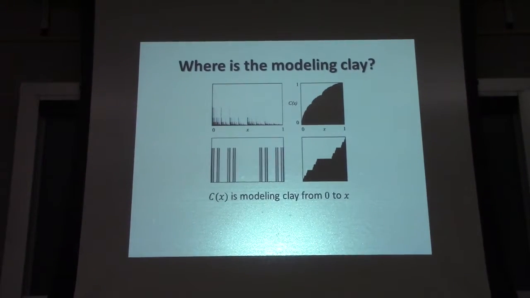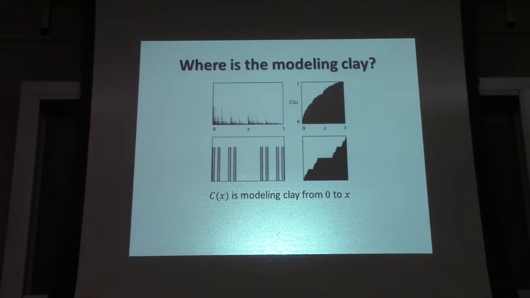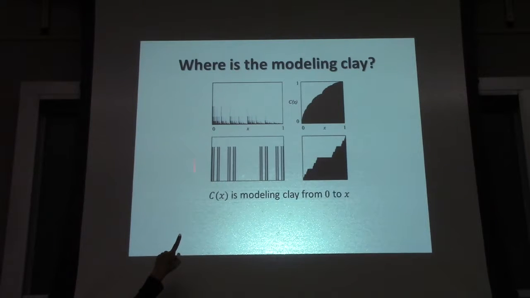And I'm going to ask you the question, okay, how much modeling clay is there from the finger to the dot? So, question, how much modeling clay is there from the finger to the dot if the dot is here? How much modeling clay is there from beginning to the dot for this particular game? How much?